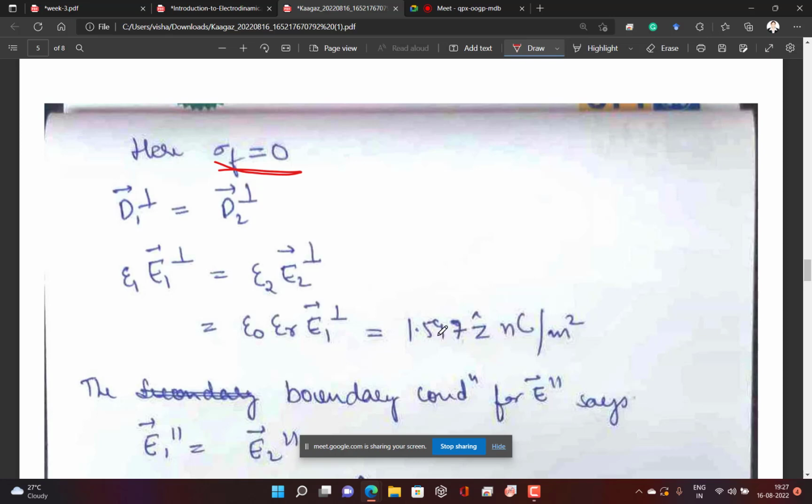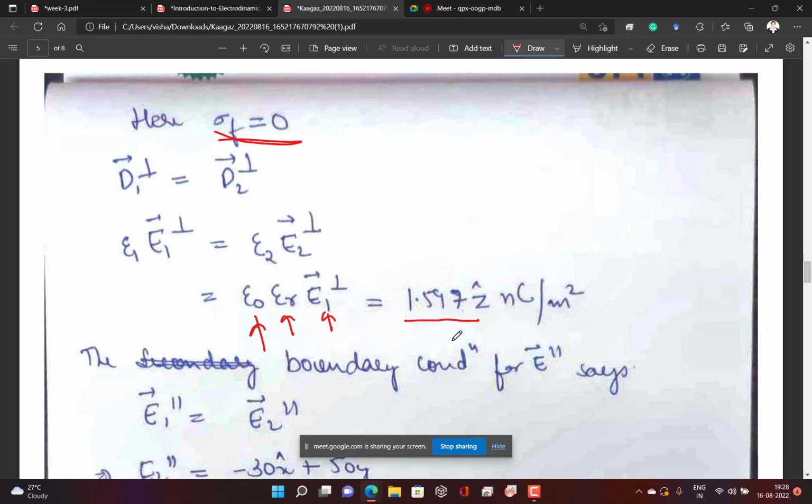Expanding, we get epsilon naught epsilon r E1 perpendicular. We know epsilon naught, epsilon r, and E1 perpendicular, so can we find the value? Yes, we found the value, which is 1.547 Z vector nanocoulombs per meter square.